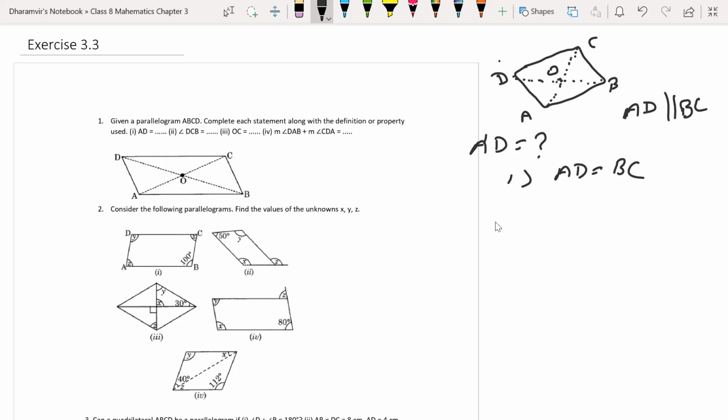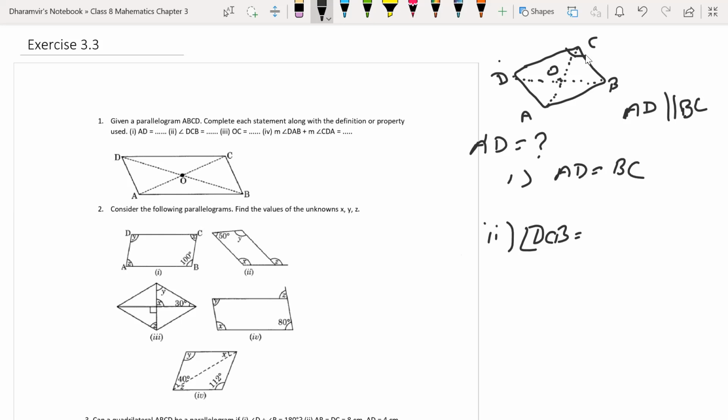Second part is angle DCB is equal to what. In a parallelogram, it is a property that opposite angles are equal. So here is the angle DCB.